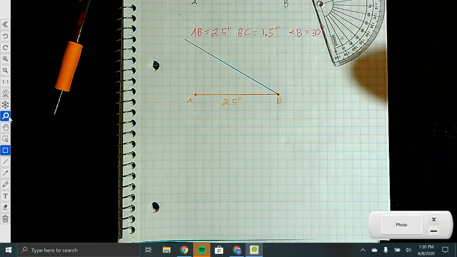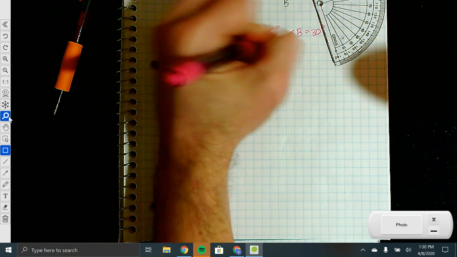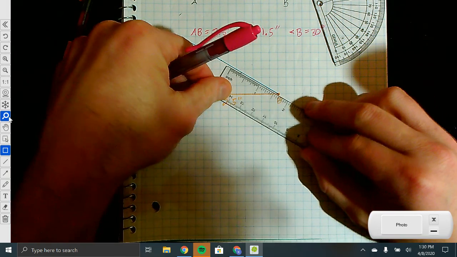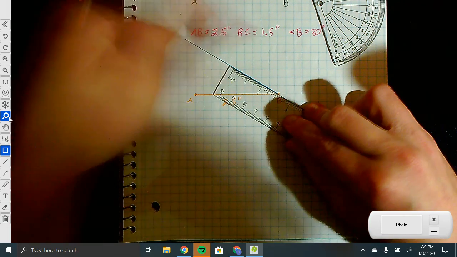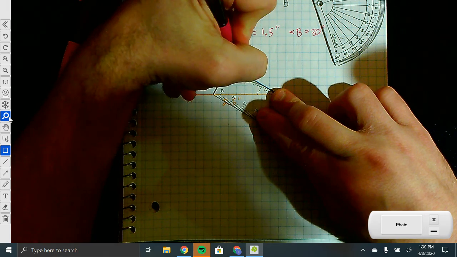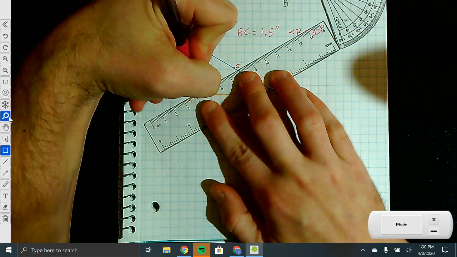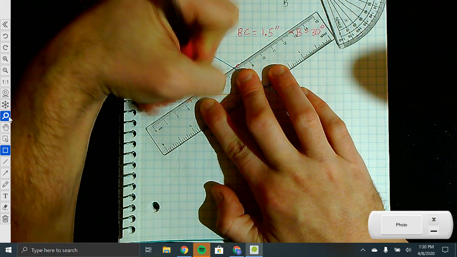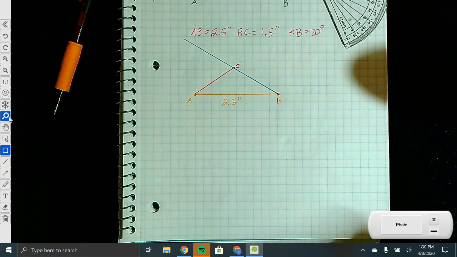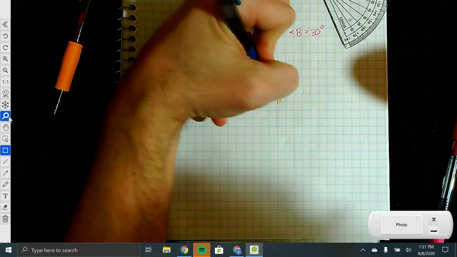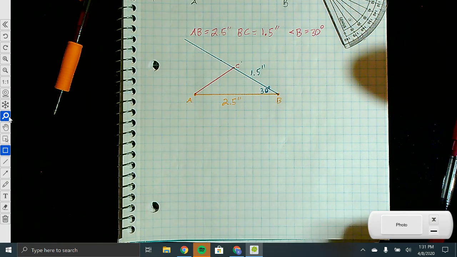Now I know C has to be somewhere along that line. What I need to figure out is where, which this tells me it has to be 1.5 inches. So I would take my ruler, measure 1.5 inches along that segment, and then put a dot there for C, go back in, and then connect A with C. And now we have our triangle where BC is 1.5 and angle B is 30 degrees.